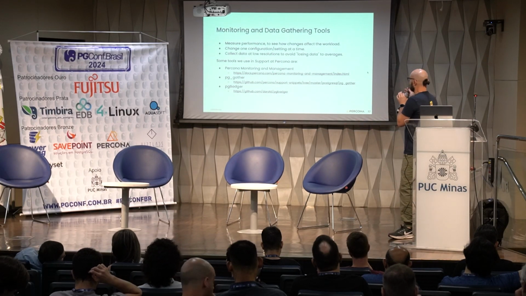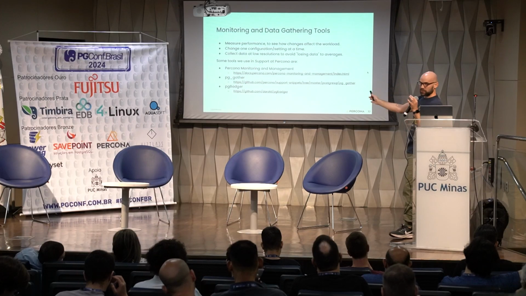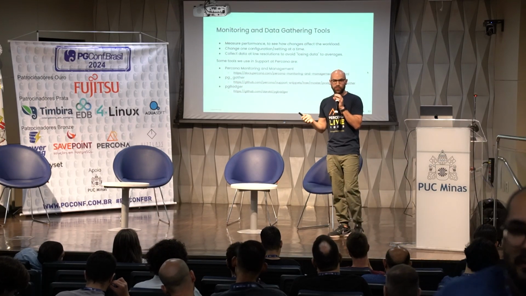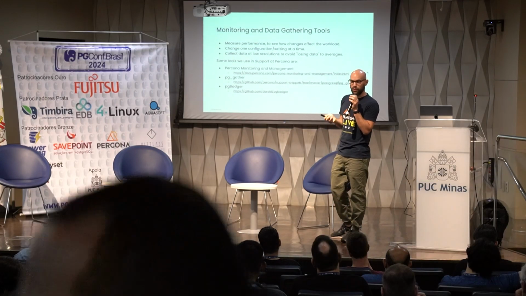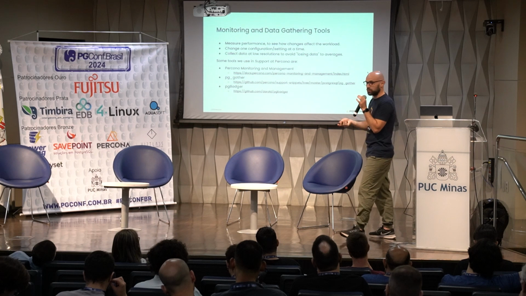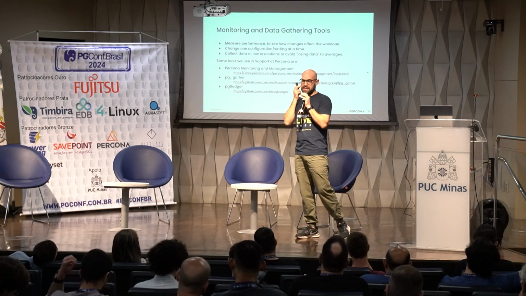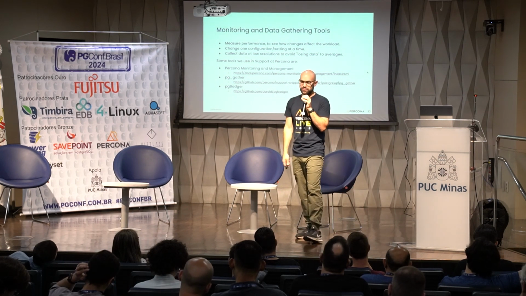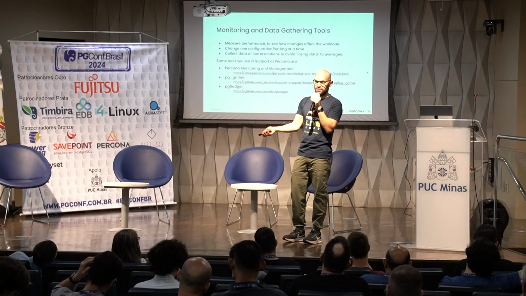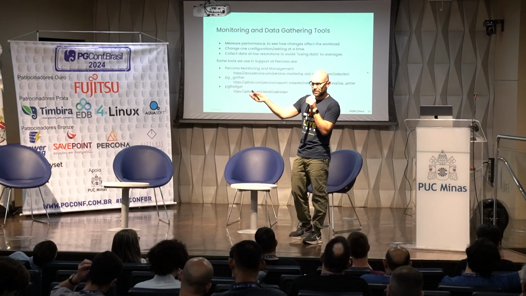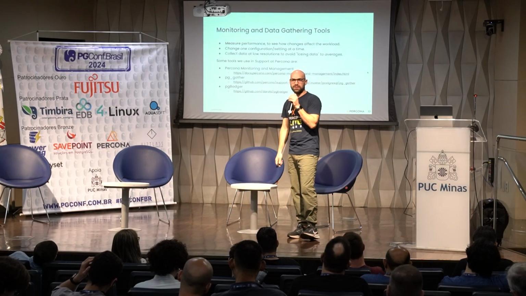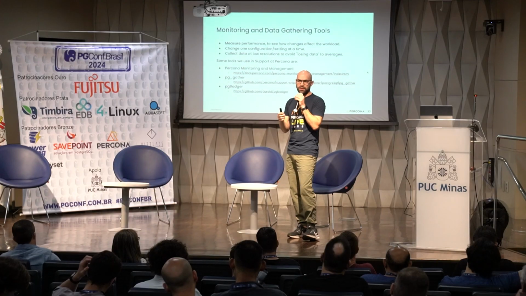So again, why do we want to have this? Why should we spend whatever amount of time we need getting this information from our environment? Because otherwise, we won't know what we are doing. It's like, yeah, okay, well, we increased shared buffers from 1 gig to 10. What does that mean? How are you measuring it? Is the application reporting back any metrics on the amount of time that the database is taking to respond?